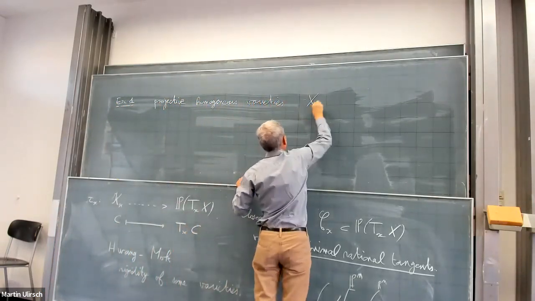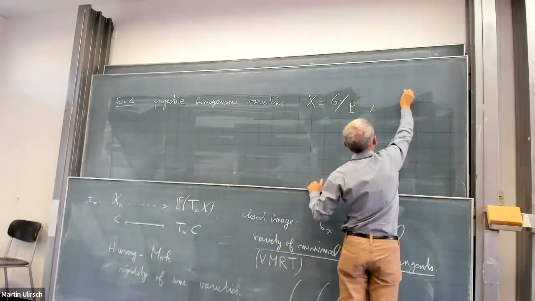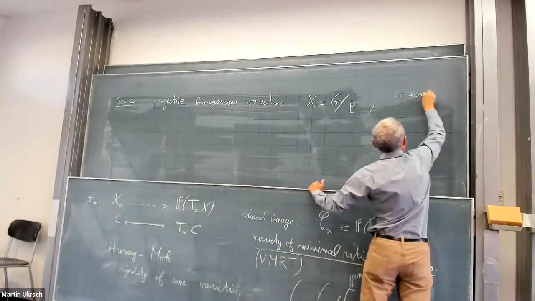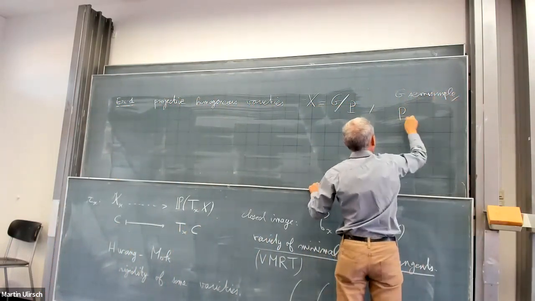So by this, I mean X is of the form G/P, where G is a semi-simple group and P is a parabolic subgroup.